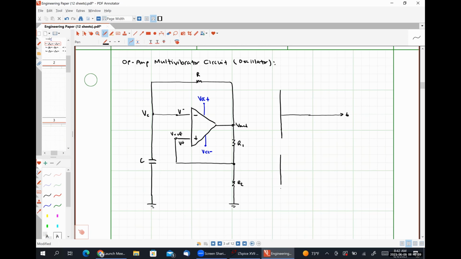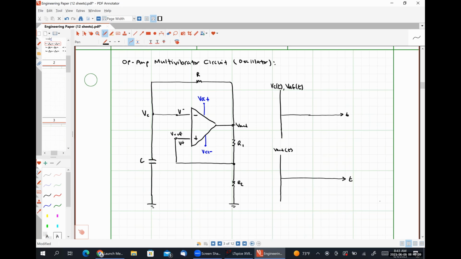And this bottommost graph is going to be how we look at V out as a function of time. So let me just label this one. V out as a function of time. This one up here is going to give us Vc as a function of time and Vref as a function of time. And I'm going to use two different colors so that we can understand what's going on.